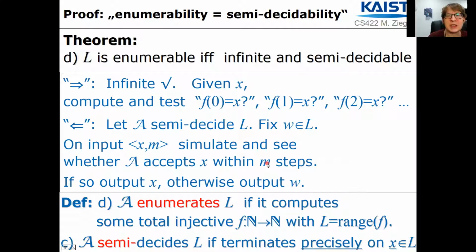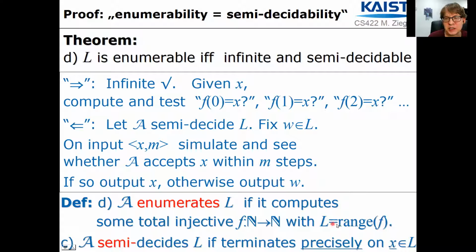The importance is that it has accepted and therefore terminated, which, according to the hypothesis that A semi-decides set L, means that X belongs to L. So in this case too, it outputs an element of L. So anything output by the function computed by our new algorithm indeed belongs to L.